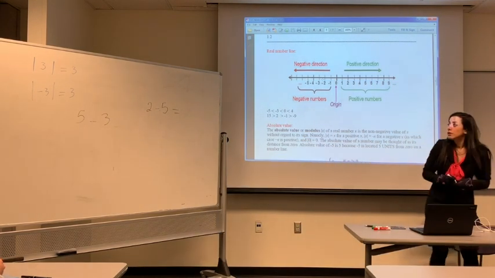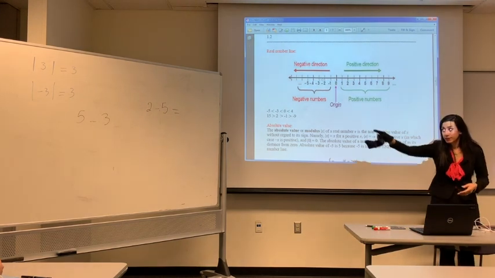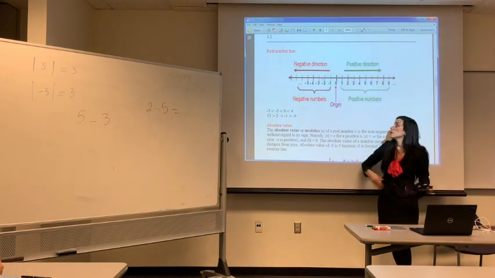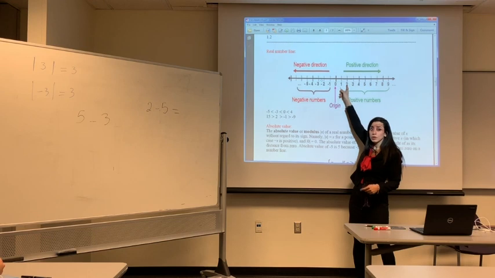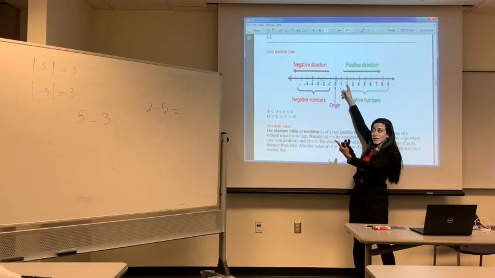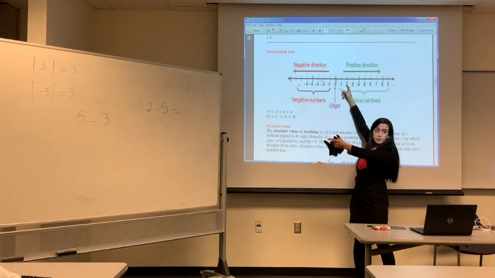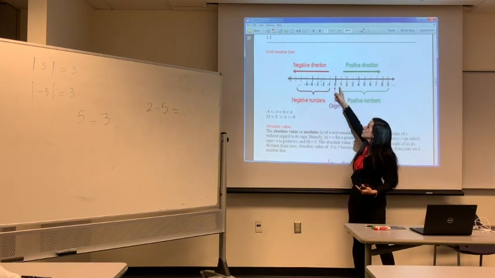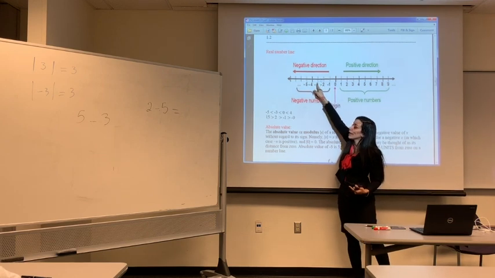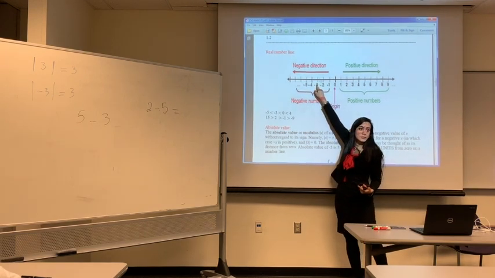So now let's look at this. I'm going to start from 2 because the first number is 2, as you see, correct? So starting from 2, going backward, because we have a negative sign. It says go in the negative direction. How many units? 5 units, correct? 1, 2, 3, 4, 5. This is the answer.